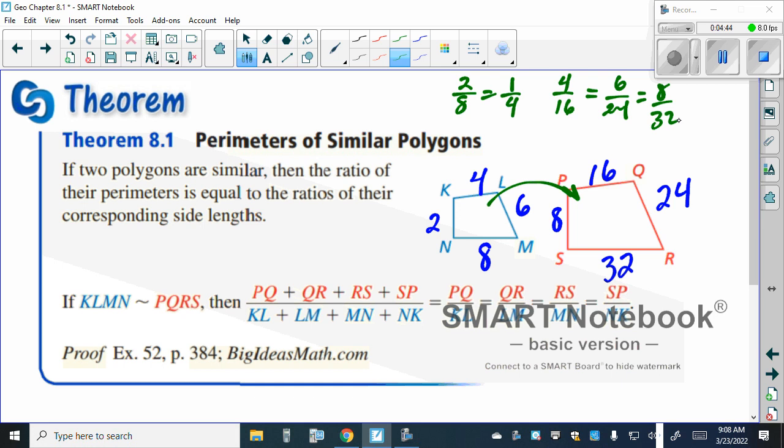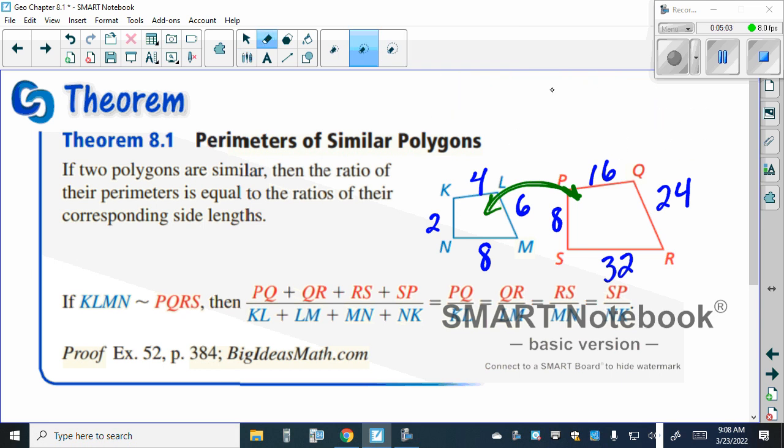These all reduce to our scale factor of 1/4 because we're going from smaller to bigger. Actually, it was going this way. I had them flipped. For 1/4, if we went the other way, it would be a scale factor of 4, yes?